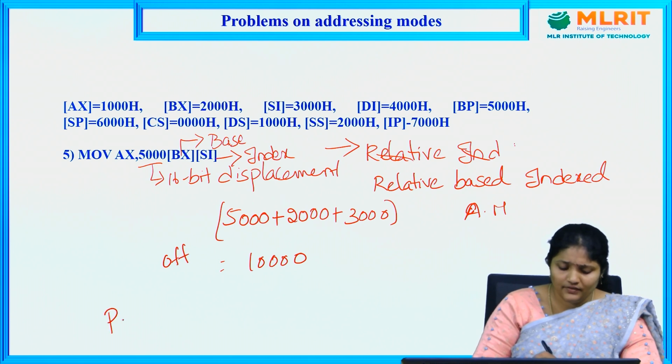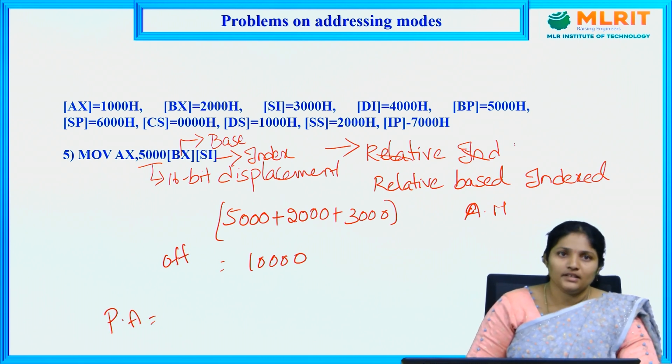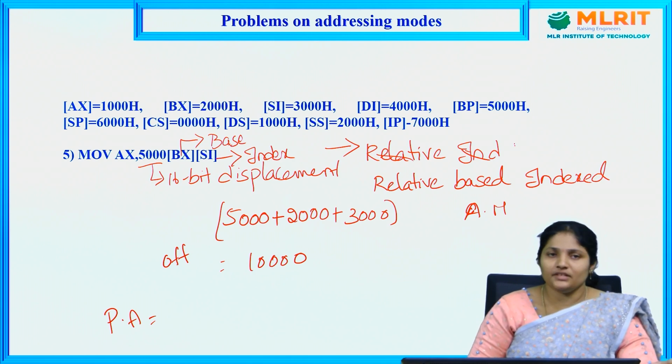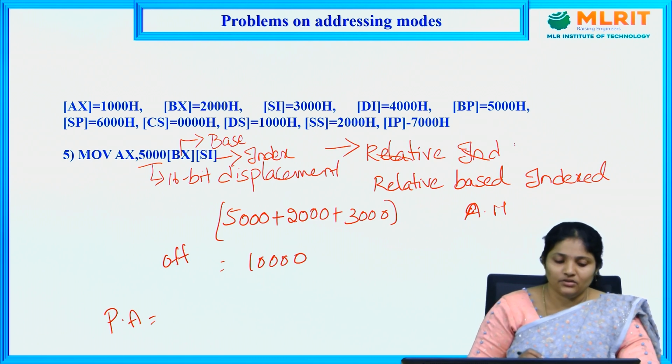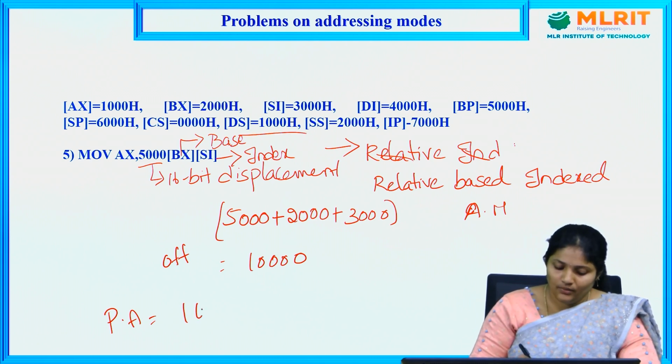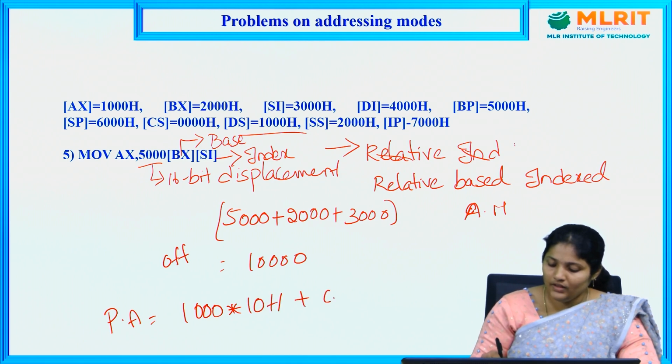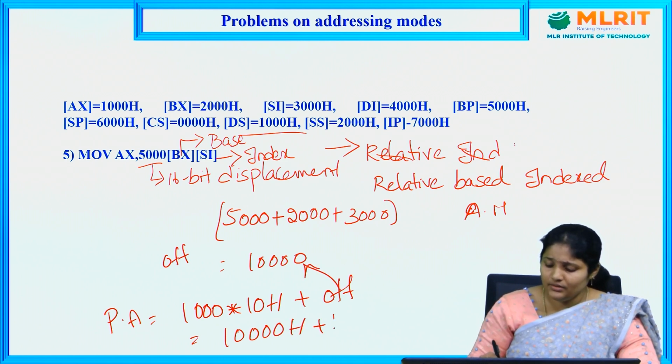To calculate the physical address, what is the formula? You need to have the segment register. Here the segment register will always be the data segment. Only in the case of string instructions will we calculate with the extra segment. Apart from that, we will always calculate the address by taking the data segment. So here the data segment 1000 multiplied by 10H gives 10,000, and the offset address is also 10,000.